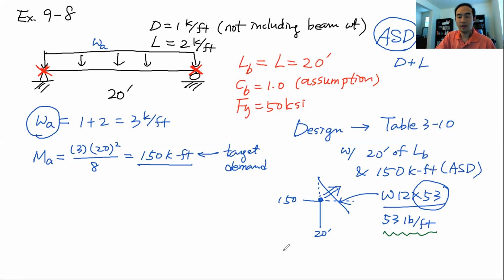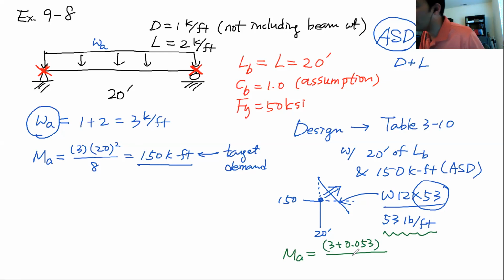Now our Ma is going to be modified as 3 plus 0.053, so that we have the initial dead load and live load here, and then including the dead weight of the beam, times 20 squared over 8. When you calculate the maximum moment, it is going to be 153 kip feet.